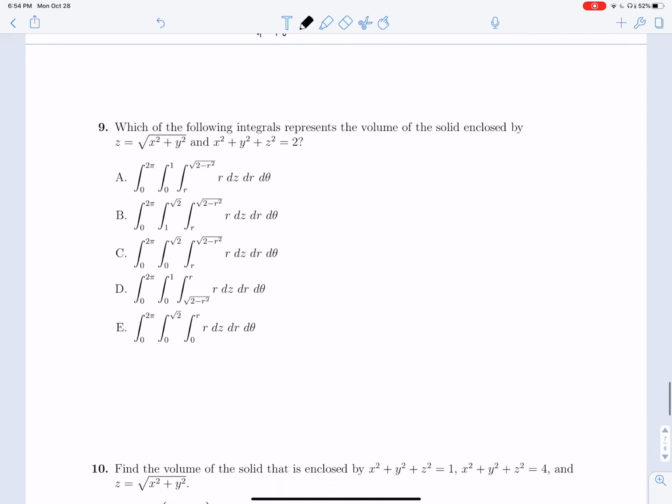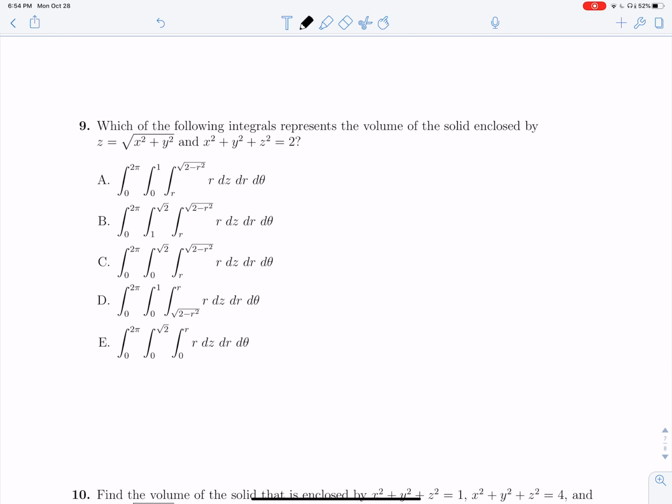Okay, number 9. Which of the following integrals represents the volume of the solid enclosed by these guys? Okay, so let's immediately replace some things. So looks like we're dealing with cylindrical.